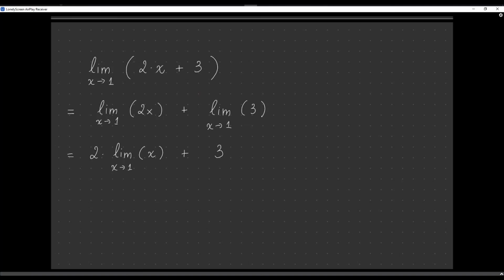So this limit evaluates to 3. Finally, we see that the remaining limit is the limit of the function x. So, as we know, this will evaluate to 1. So that would be 2 times 1 plus 3. So the final result is 5.